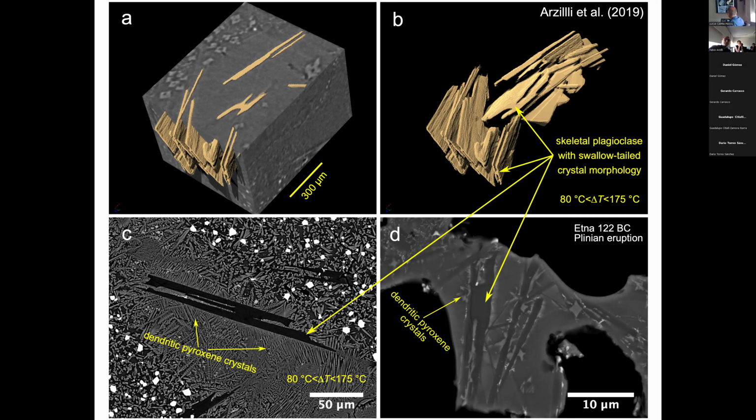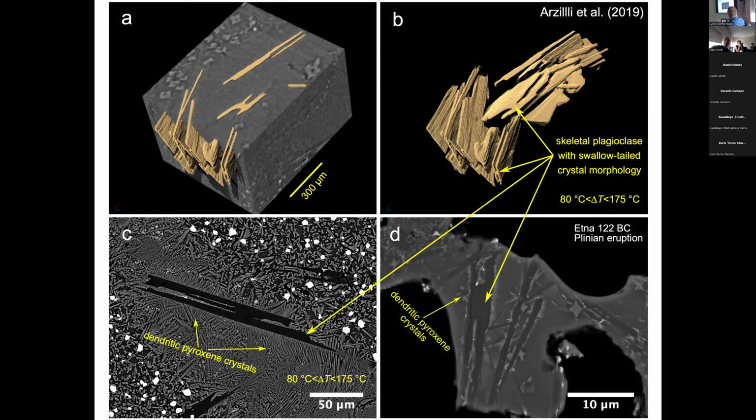In some way, we reproduced the condition of these minerals, the plagioclase and pyroxene, in the products of the Plinian eruption erupted from Etna in 1 to 2 BC.